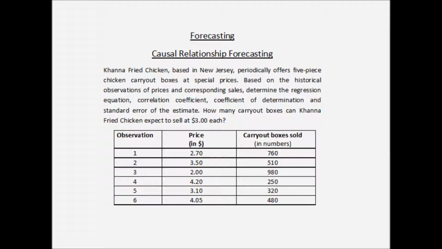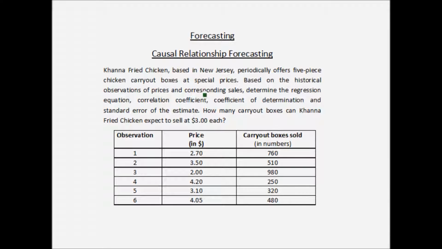So in this example, Mr. Khanna has determined that the number of chicken boxes sold varies by the price that they are being sold at. So the lower the price, the higher the number of boxes sold.